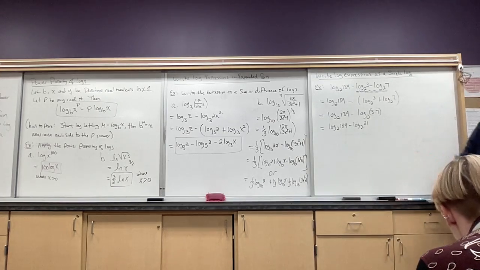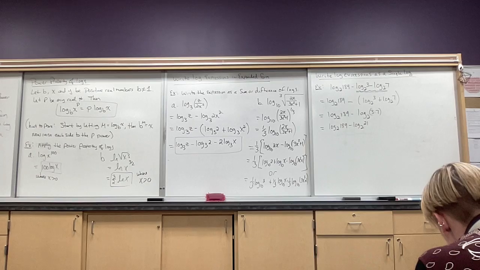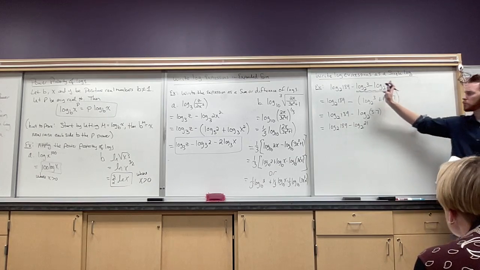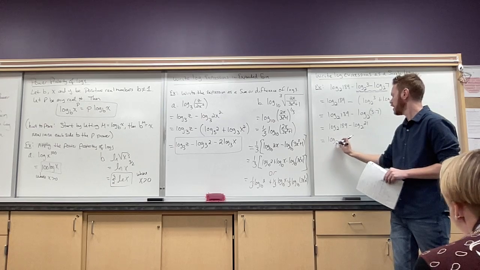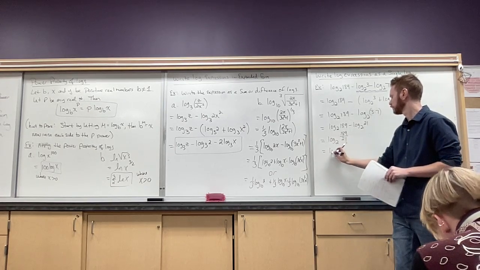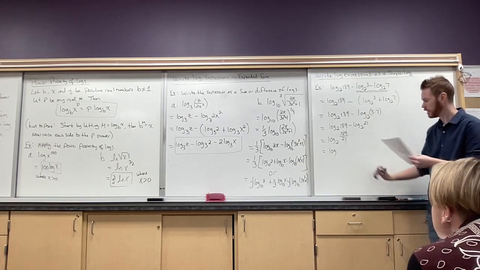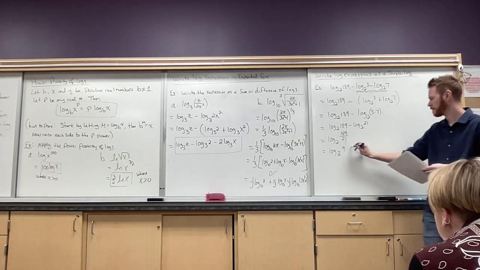So I just simplified that part. And just like we said at the very beginning, because these are subtractions, we know that's a division problem. So this is just going to end up being log base 2 of 189 over 21, which is log base 2 of 9 when you divide those together.